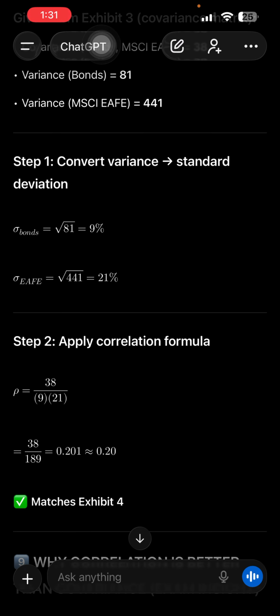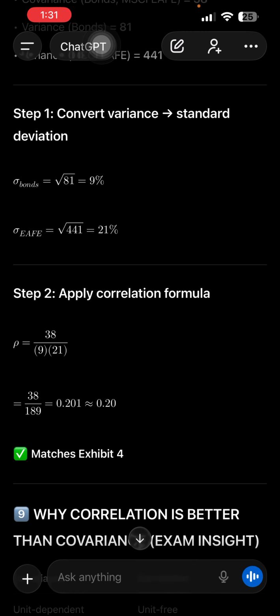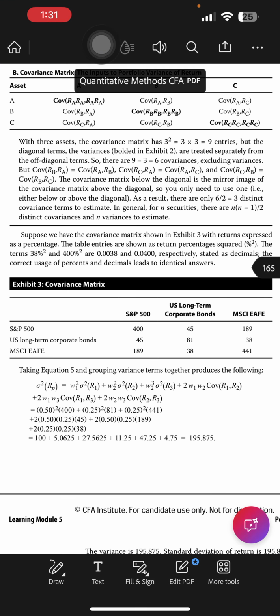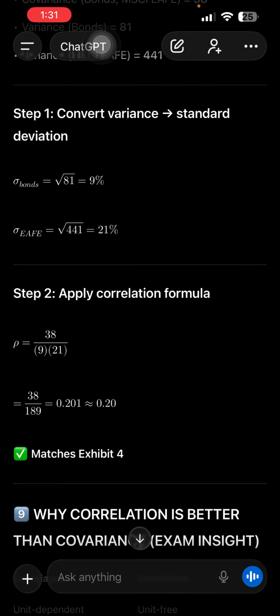What is covariance between bonds and MSCI? Here you can see between bonds and MSCI it is 38. So 38 divided by standard deviation of bonds into standard deviation of MSCI. Hence that is the correlation value, that is 0.2, that is above 0. So there is a slight, small positive relationship between bonds and MSCI.